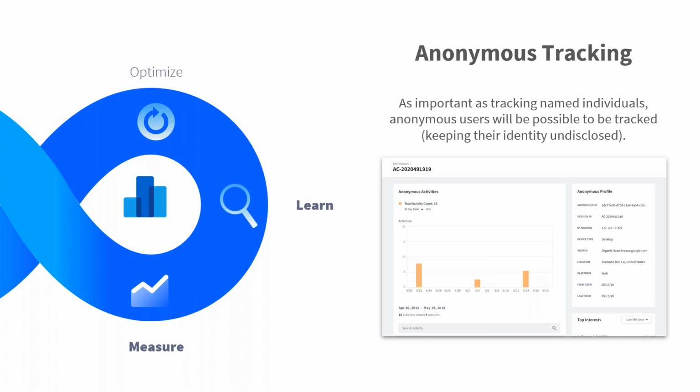So when they come back, they're tracked as the same user. And then hopefully further on down the line, that user authenticates and the anonymous data is then merged with the individual's new profile. So a way of tracking when people are anonymous and also when they convert from an anonymous user into an authenticated user. And a good analytics platform on a DXP should be able to do that.